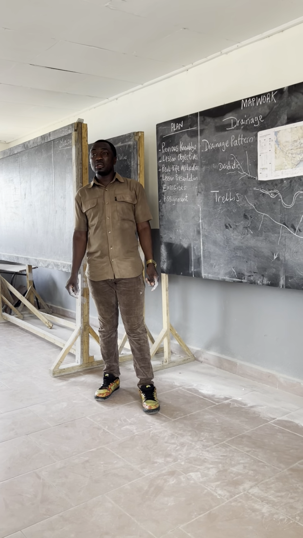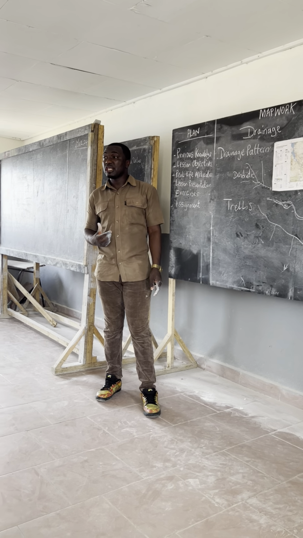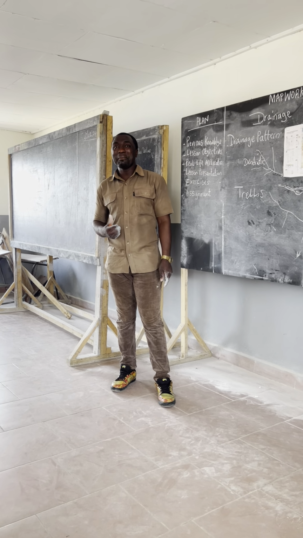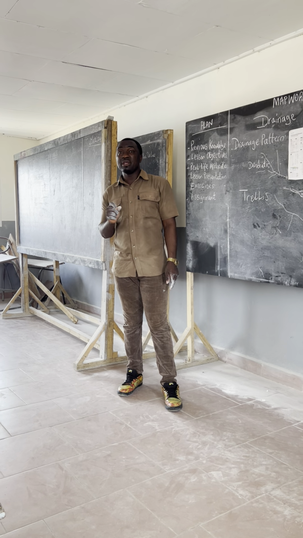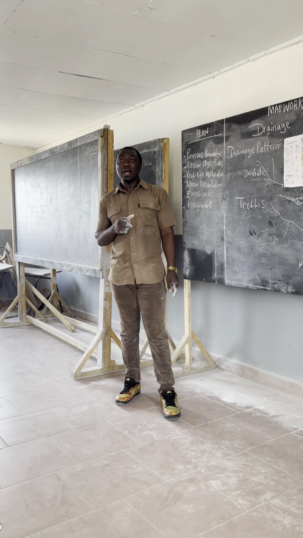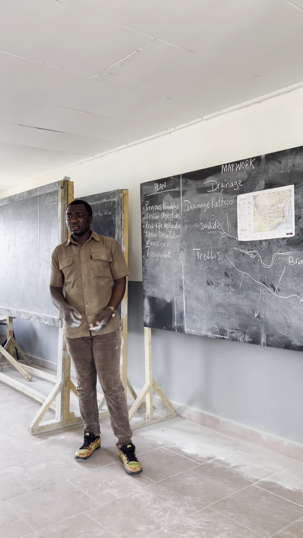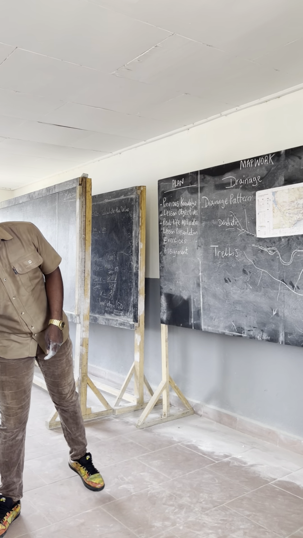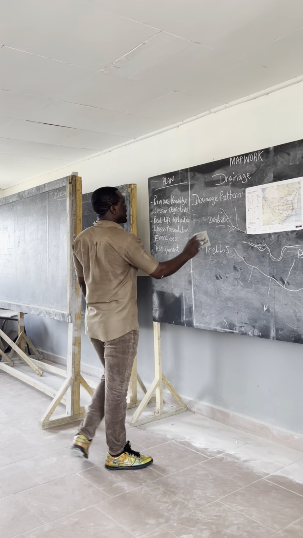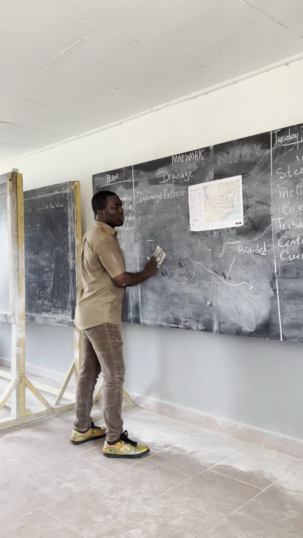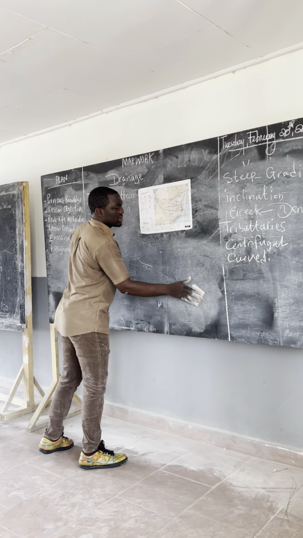In a drainage basin are main rivers and tributaries. The manner in which tributaries join the main river, that is all about the pattern. Without the knowledge of drainage pattern, you cannot extract a particular stream on the map.